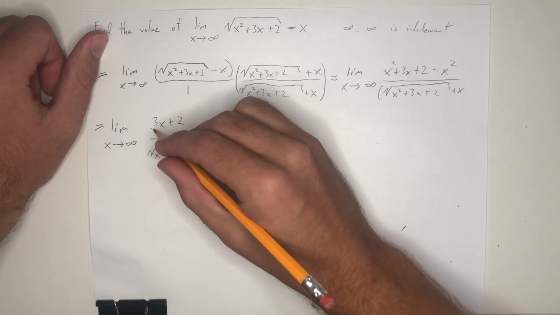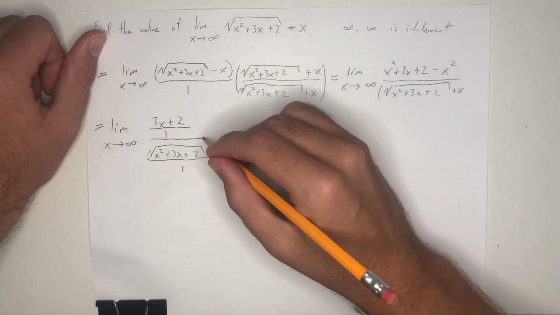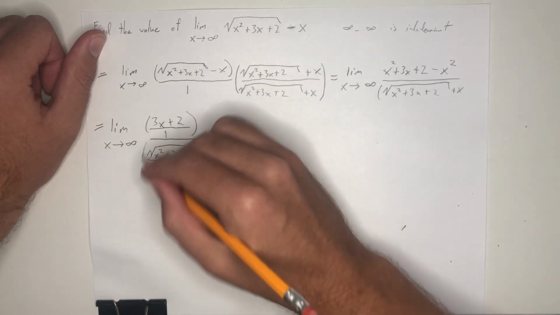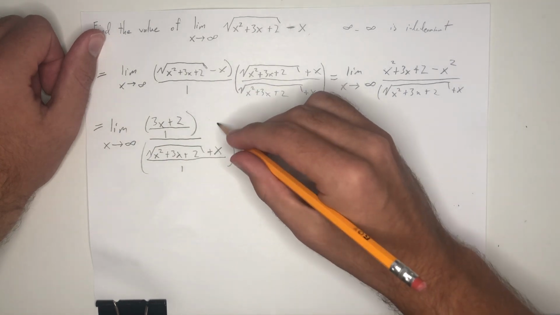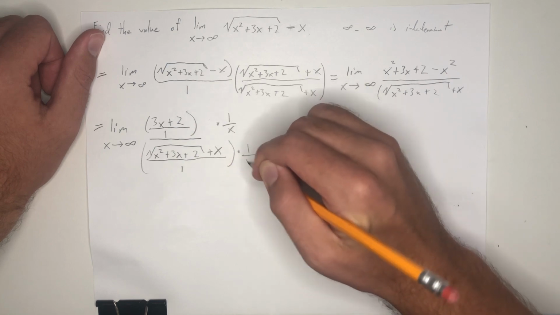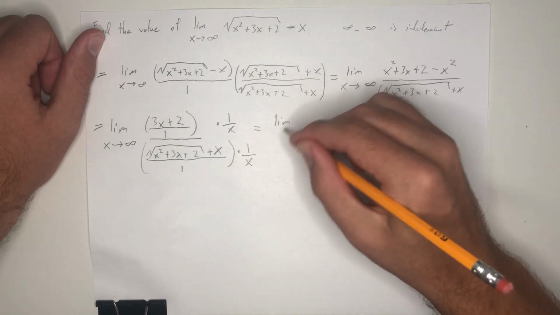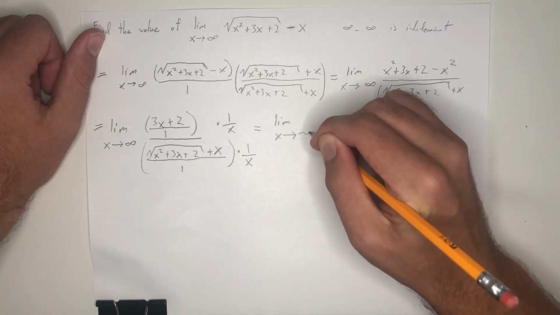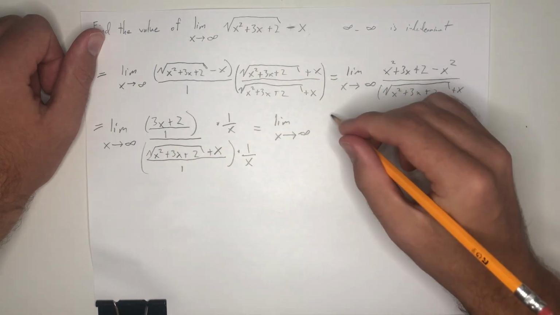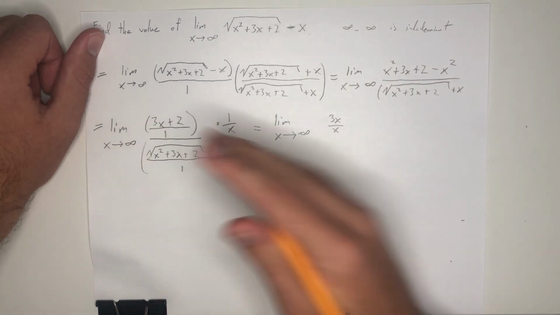So this is the same as saying 1, I'm going to multiply by x. So I'm going to multiply by 1 over x on top and bottom. And we get a limit. I'm actually going to split these up too.